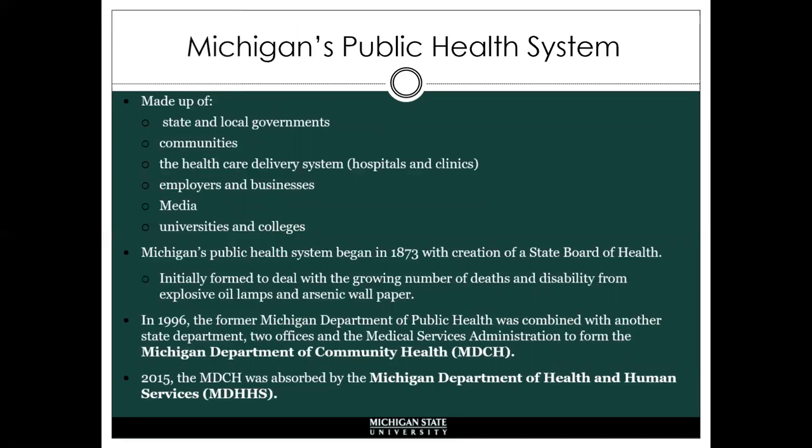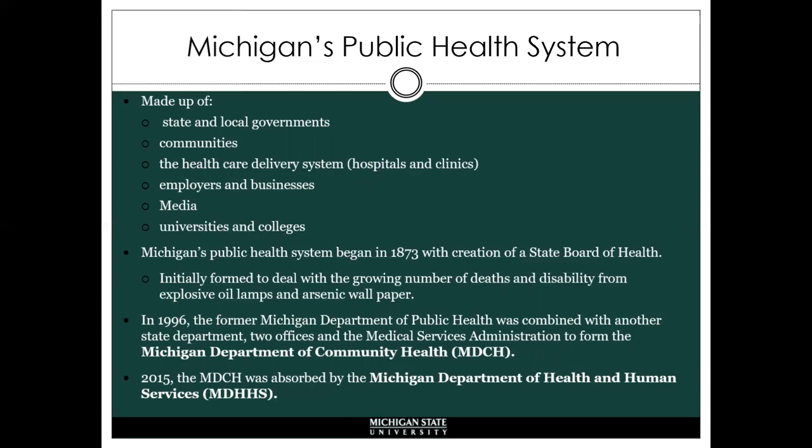So the public health system in Michigan is obviously made up of state and local governments, but the communities play a factor. There's drug prevention coalitions and things like that. The healthcare system certainly plays a role with infection control and a variety of other things. Employers and businesses play a role. They may do employee wellness programs.